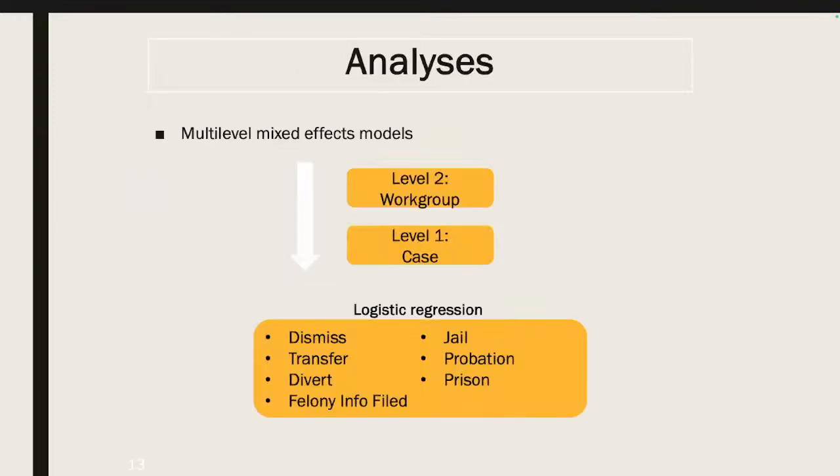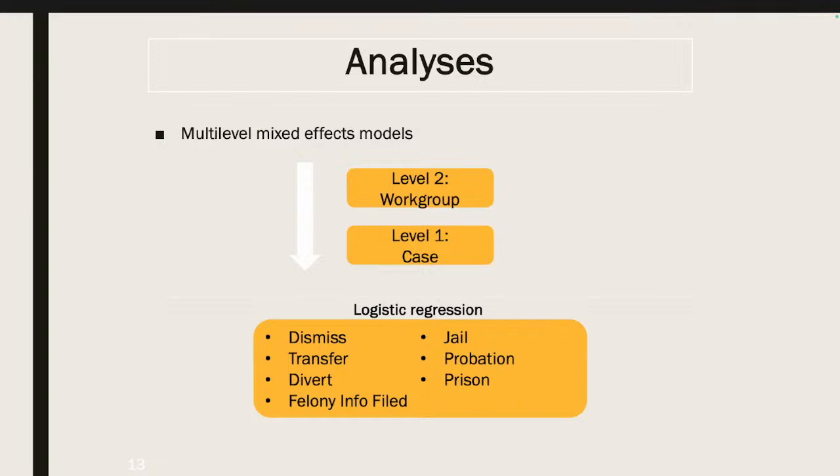In terms of analyses, we use multi-level regression analyses to control for the work group, case characteristics, and I'll show you some of those case characteristics in a couple of slides here. And we regressed the case characteristic and work group characteristics on our 7 outcomes using multinomial logistic regression.